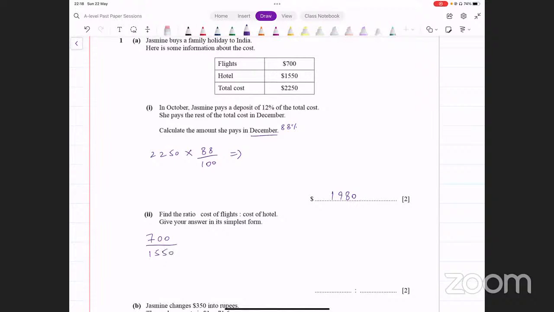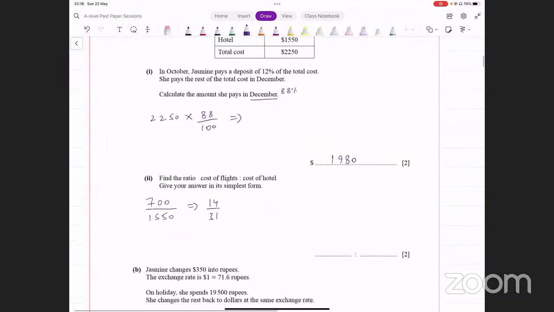You'll put this on your calculator. 700 over 1550. Let's see what that gives us. That gives me 14 over 31. तो अगर इसको fraction form में हम लिखें इस ratio को, that will be 14 over 31. लेकिन उसने आपसे ratio form में answer मांगा है, तो आप क्या करोगे? इसको उस form में लिख दोगे यहाँ पे. Let's say this is 14 ratio 31. And that's what your final result here is going to be.